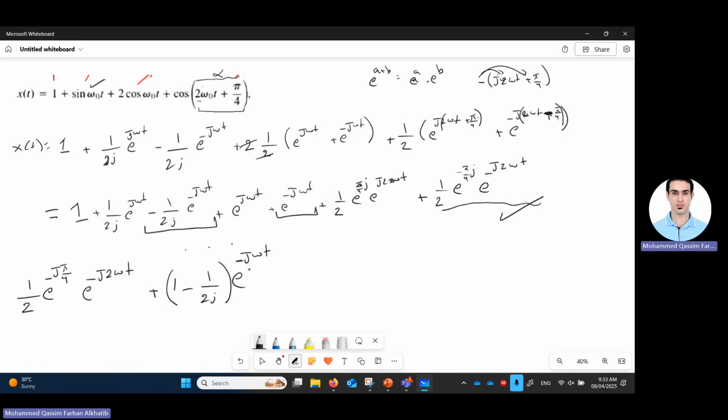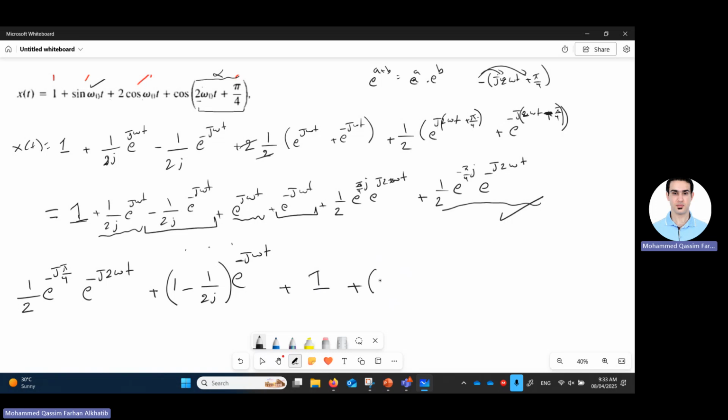What is the coefficient for the 0 index? The constant e to the power j0, it's a 1. So I have 1 times e to the power j omega 0. So that's plus 1, plus the first positive component here, j omega t, and this one here.